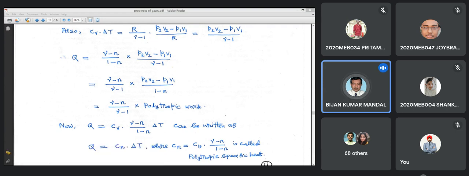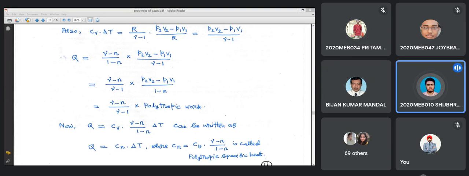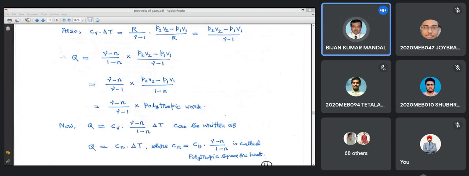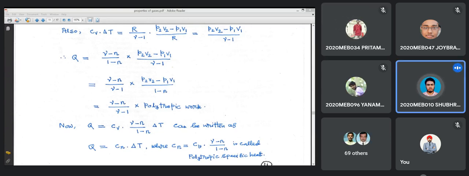You are telling this from simple algebra, but what does it mean physically? It takes no heat transfer for its temperature to increase. So that means in an adiabatic process, there will be a change in temperature, although there is no heat transfer or heat rejection, right? Am I clear? Yes, sir.